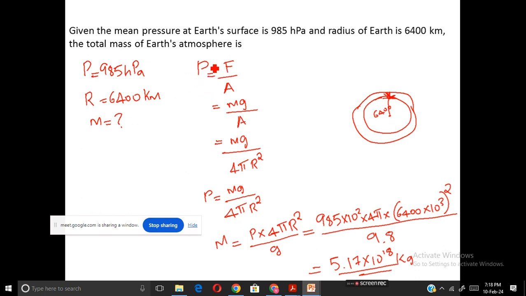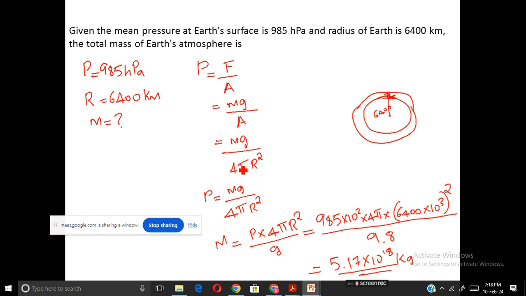Pressure is given. So pressure is basically force per unit area. F by A is pressure. So in this case, the force is basically mg, that is the weight of the atmosphere which is exerted on the surface, divided by area. The atmosphere is enveloping the whole Earth, so the area will be basically the area of the Earth only. So 4 pi r square, which is the area of the sphere, and r is the radius of the Earth.